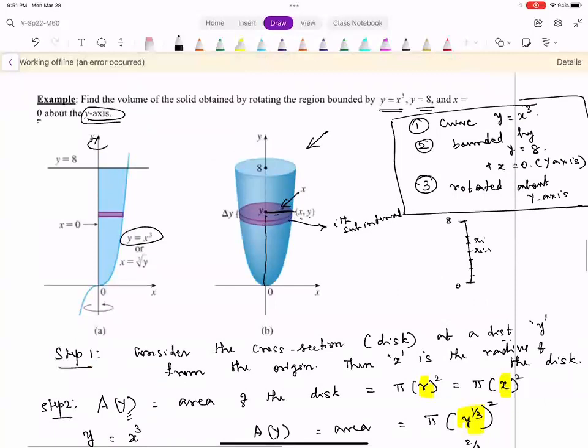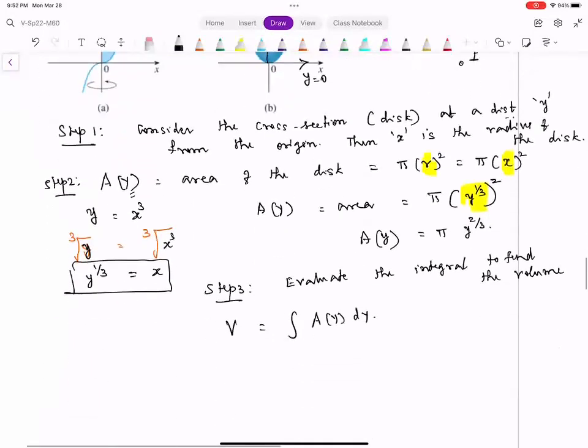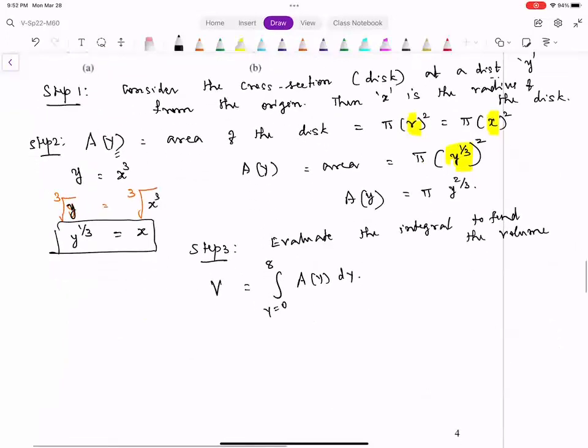Y in the problem is running from y equal to 0 through y equal to 8. Right? So y runs from 0 to 8. That is the integral from 0 to 8.